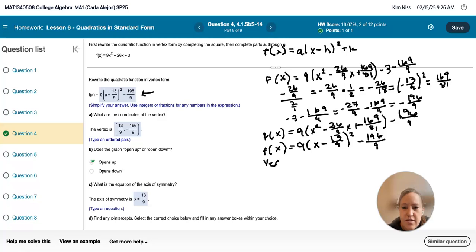Sorry, I'm doing this with my mouse, so it's not the best handwriting. So h and k, and so we know that we have x minus h, well this is x minus 13 over 9, so h is 13 over 9. And then plus k, but ours is minus 196 over 9, so our k is minus 196 over 9.